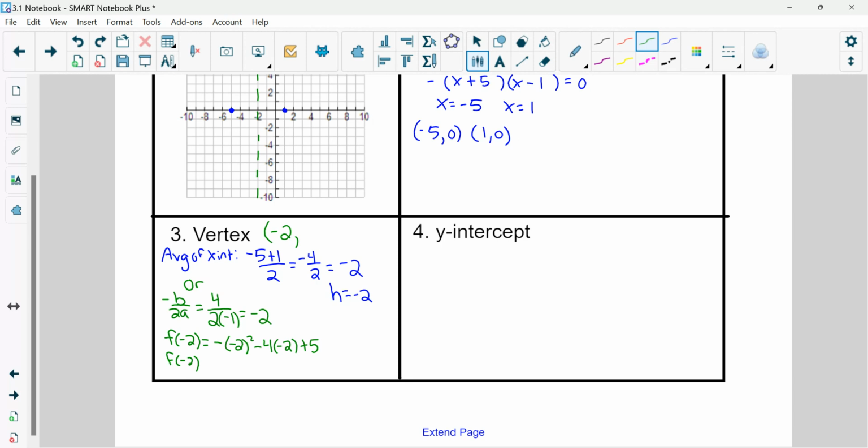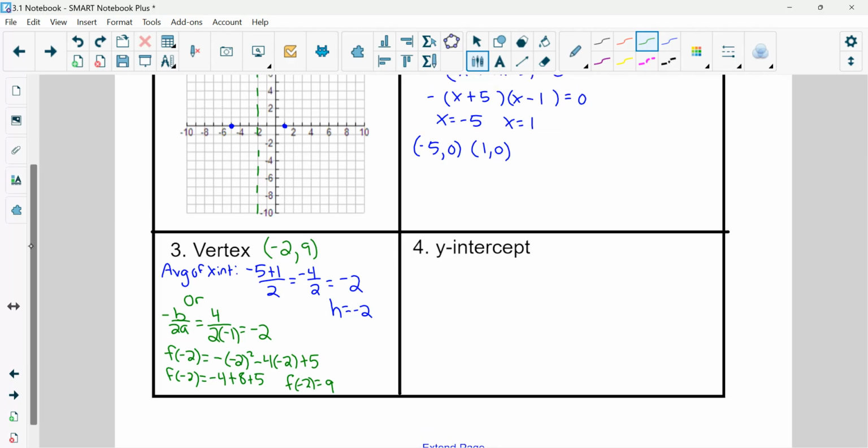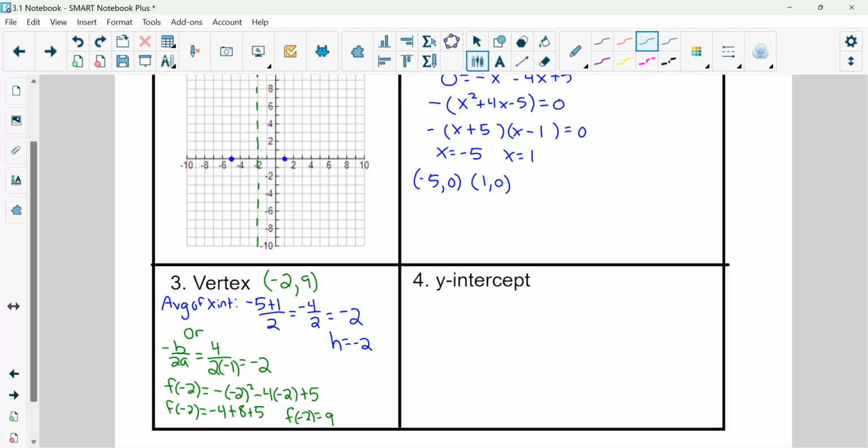I'd square negative 2 first, which is positive 4, times the negative 1, so it'd be negative 4 plus 8 plus 5. So that would give us 9. So negative 2, 9 is our vertex. So we can go ahead and plot that now. That's another point. So negative 2, right on that axis of symmetry like we expected, and up 9.